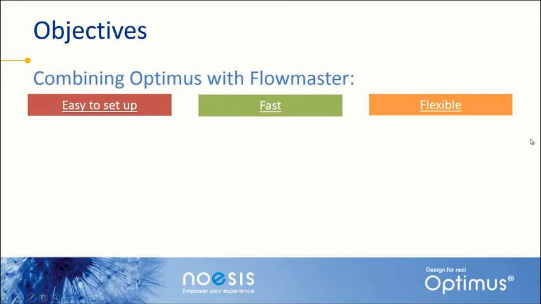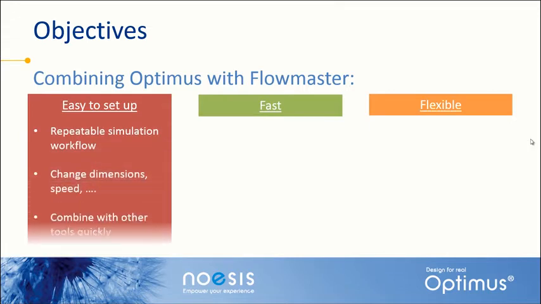Now, I want you to recognize, or hopefully you'll notice as we go through this case study, that when we combine Optimus with Flowmaster, there are really three very obvious benefits. The first is that Optimus with Flowmaster enables workflows that are extremely easy to set up.